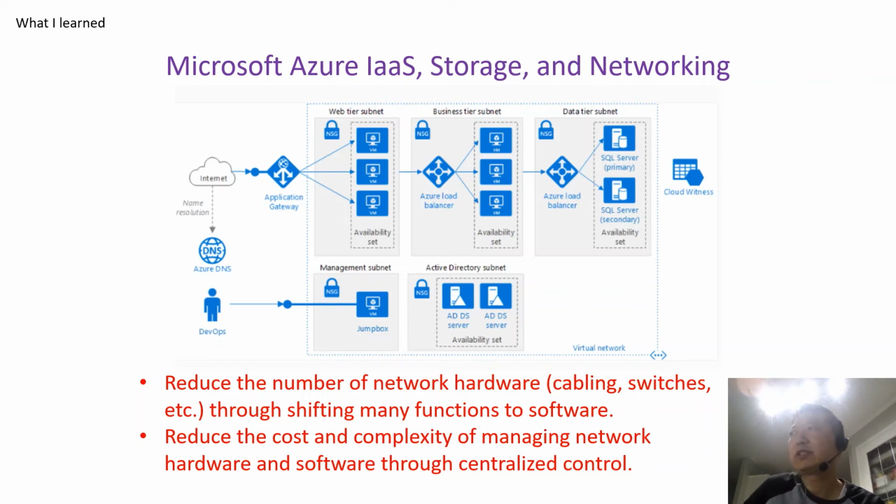If we use Azure Virtual Network, we are able to reduce the amount of network hardware, cabling, and switching, through shifting many functions to software, and reduce the cost and complexity of managing network hardware and software through centralized control.